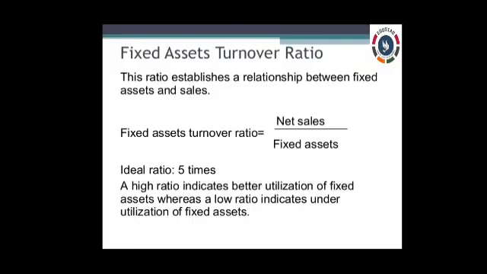And then the fixed turnover ratio, that is how much the asset is used for getting profit. It reflects the relationship between revenue from operation and net asset. So net sales divided by fixed asset, or revenue from operation divided by capital employed. This must be 5 times.